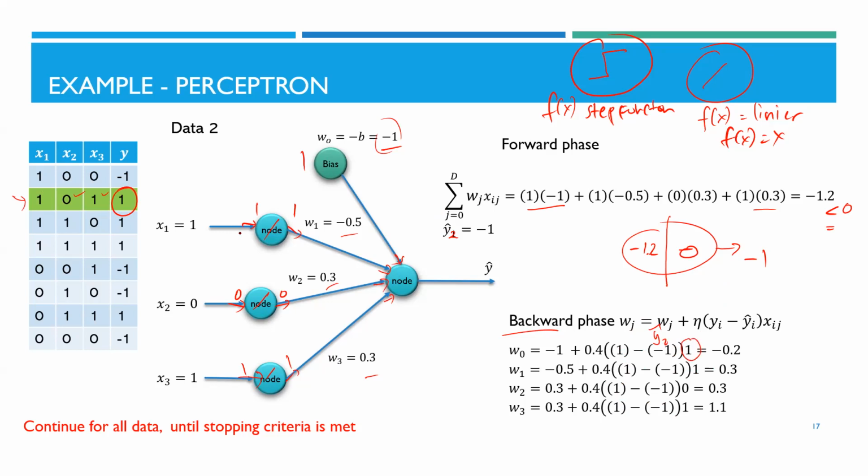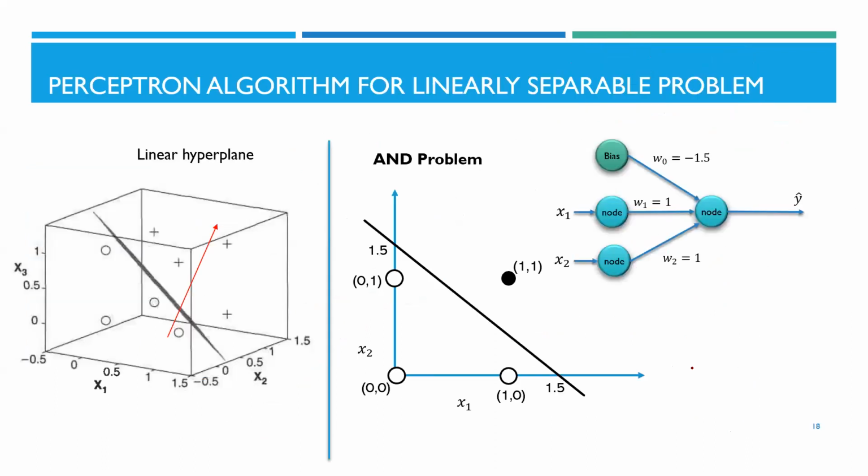Here is the bias, 0 here from x2, and this one here. So these are the new weights: minus 0.2, 0.3, 0.3, 1.1.